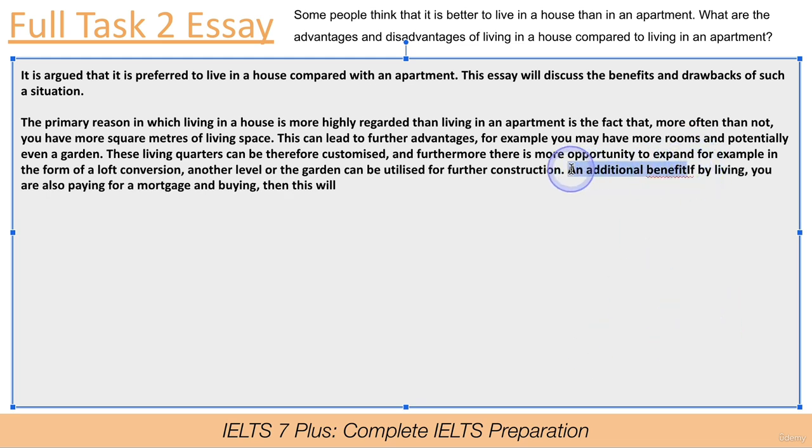Actually, maybe we could put that on the end. If by living you are also paying for a mortgage and buying, then a further advantage would be the sound financial investment.